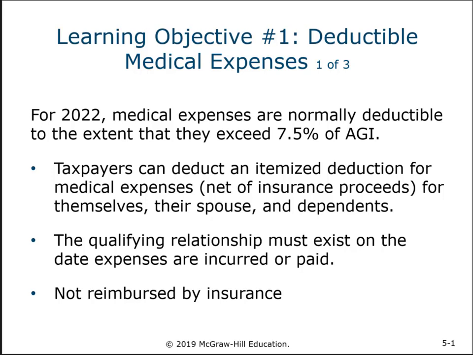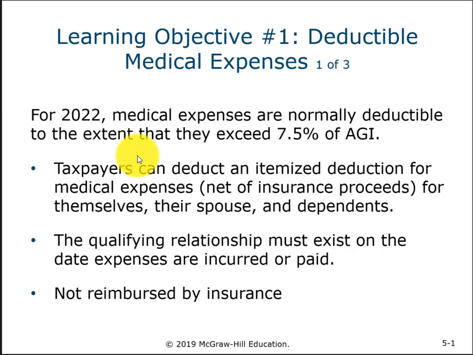It's not just a blanket, add it all up. There are restrictions and limitations, phase outs, floors, all kinds of things that have to be considered to get how much is deductible, and then we add it all up for the different types of itemized deductions to see if we've gotten more than the standard. Okay, so let's start with medical expenses.